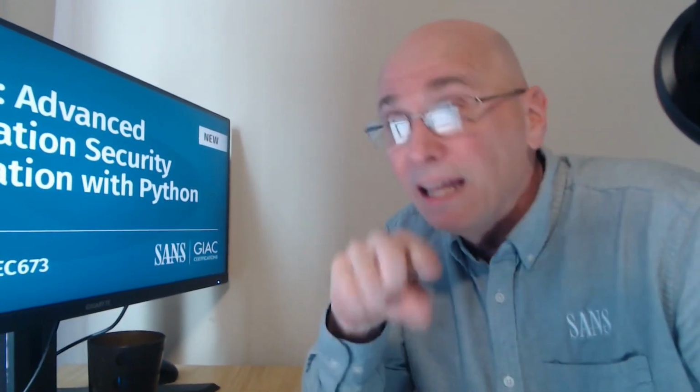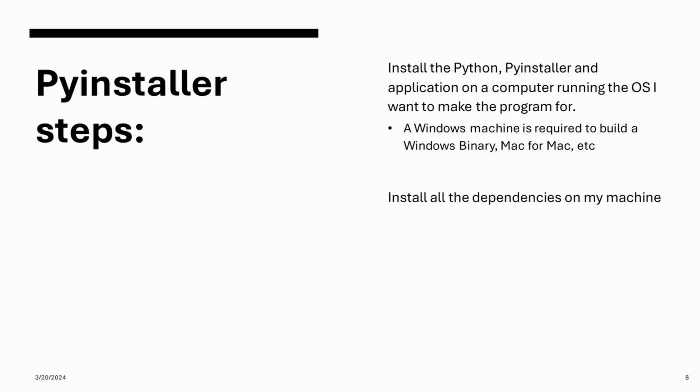Now, the steps to build a PyInstaller executable are: one, you've got to install Python and PyInstaller on a computer, right? It doesn't have to go on all the computers that you're going to distribute it to, but on one computer where you're going to build the executable, you have to install Python and PyInstaller. If I'm going to be building a Windows executable, then I've got to do this on a Windows computer.